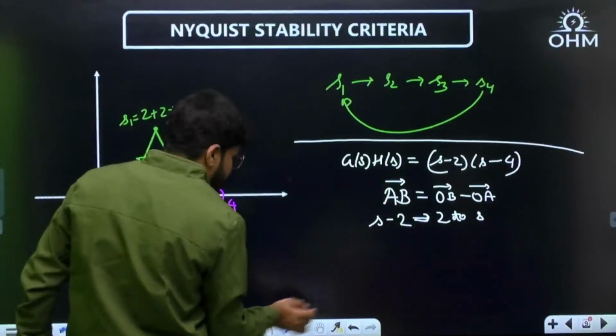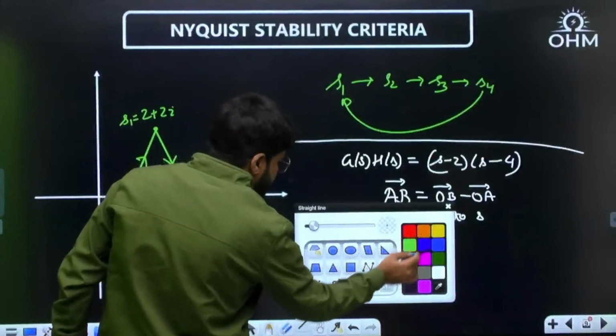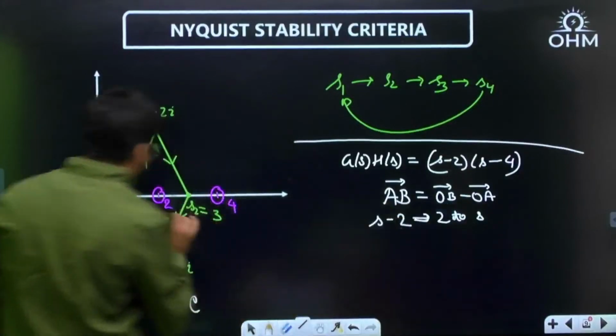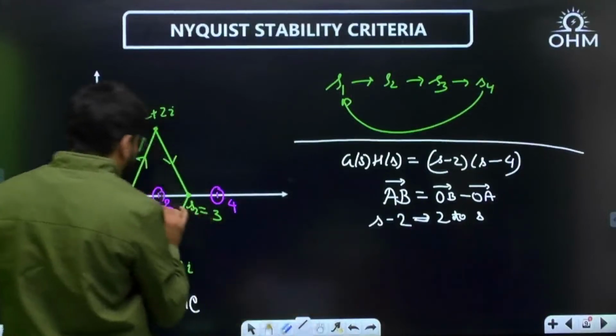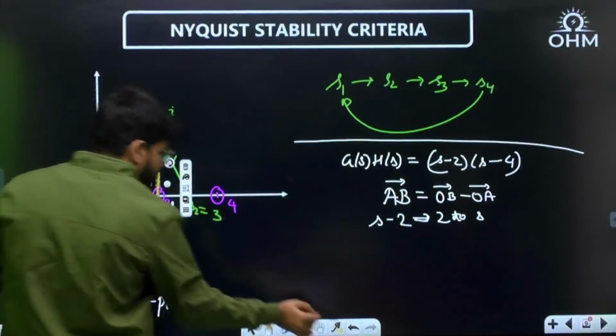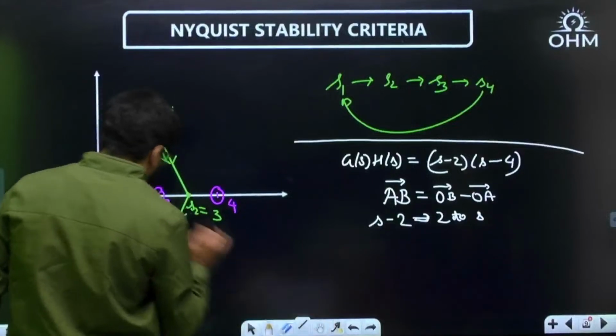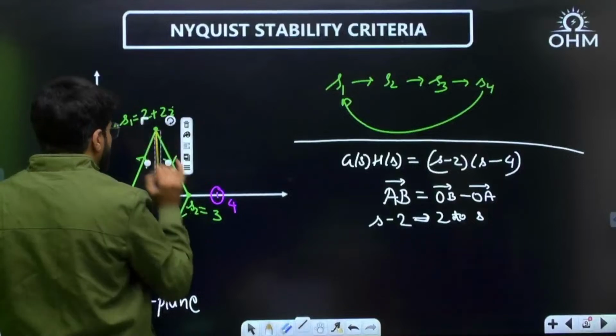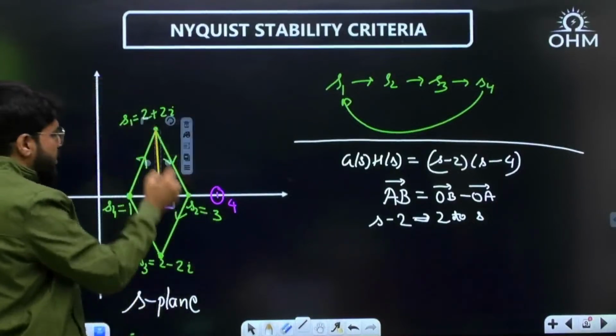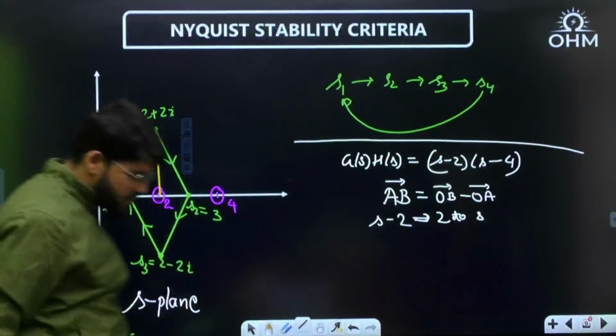Let me take a vector here, 2 to S. 2 is this point and S. These are the different values of S I have taken. Suppose this is the vector 2 to S. Then S can be S1, S2, S3, S4. Different values can be there.